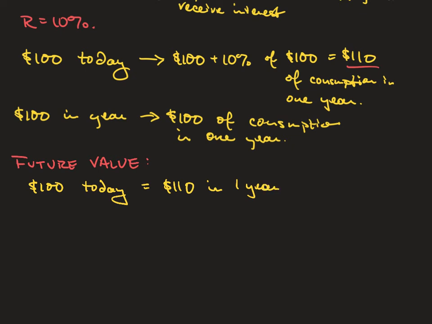So the choice between $100 today or $100 in a year, the answer should be easily that $100 today is better than $100 in a year. $100 today is equivalent to $110 in a year.